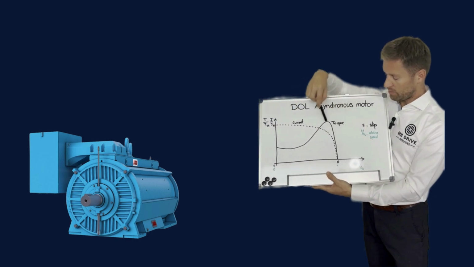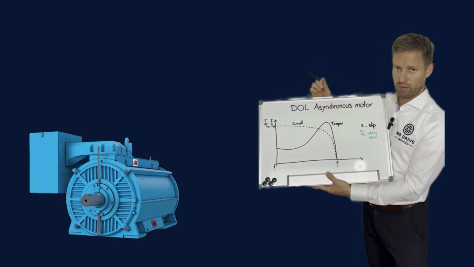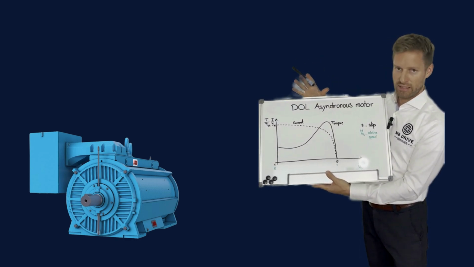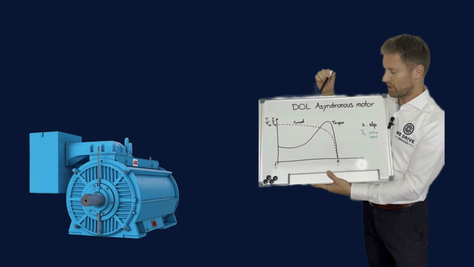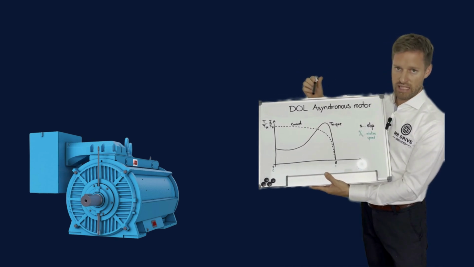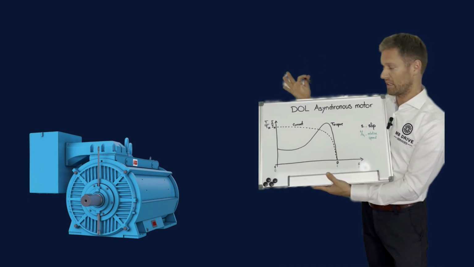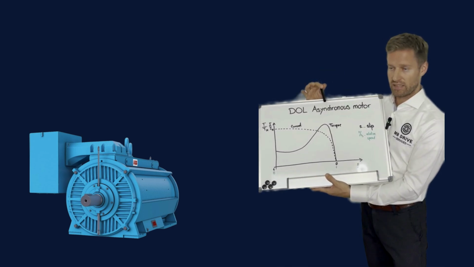Understanding this shape of the torque is not so complicated. You can see those formulas, but actually to understand it, you don't need any heavy mathematics, you don't need any complicated calculations.